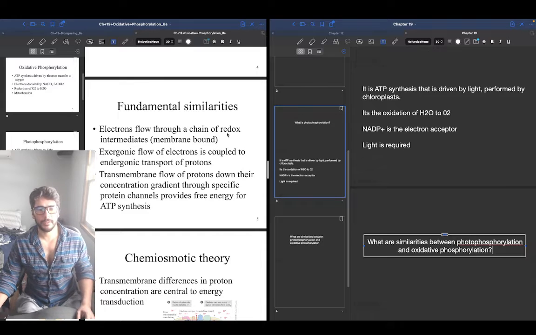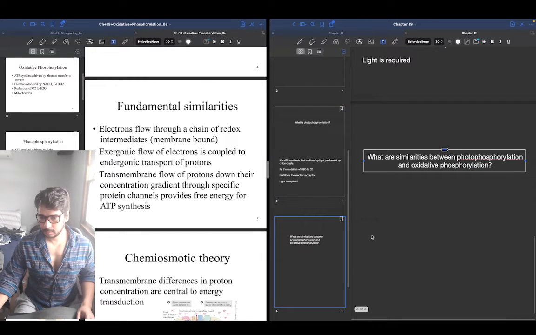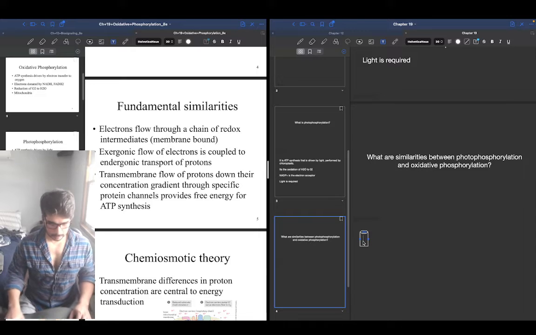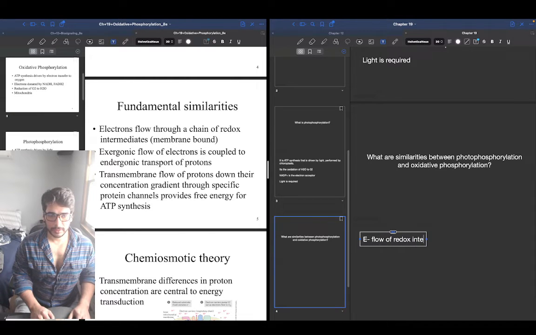Electrons flow through a chain of redox intermediates. So, electron flow of redox intermediates.